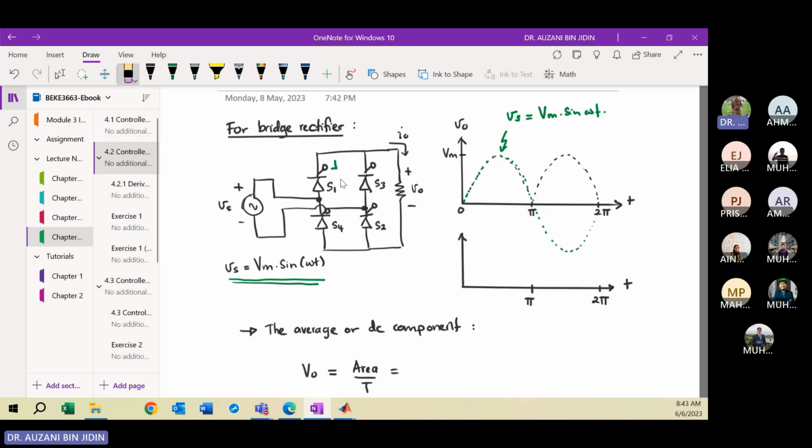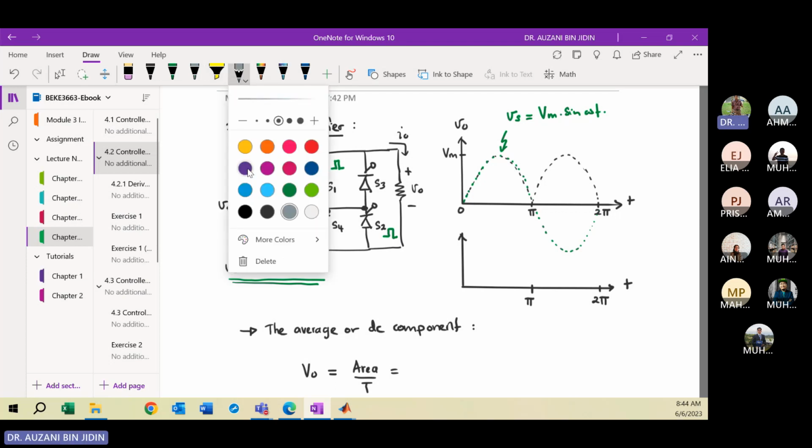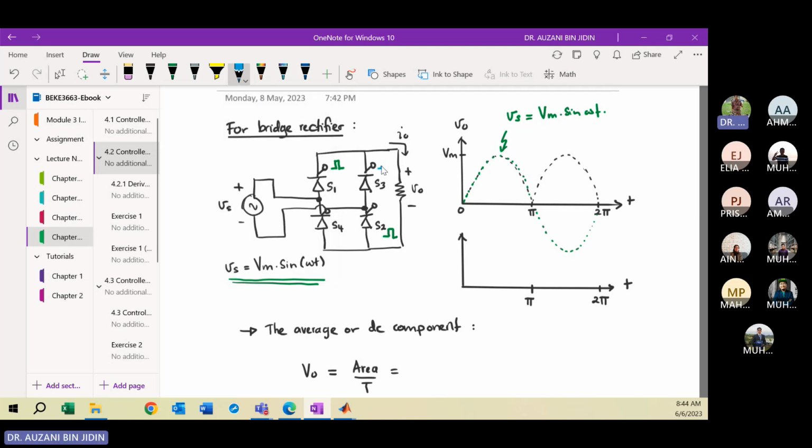You must turn on in pairs, meaning S1 and S2. You must inject the same current pulse for S1 and S2. And for S3 and S4, I will use blue.